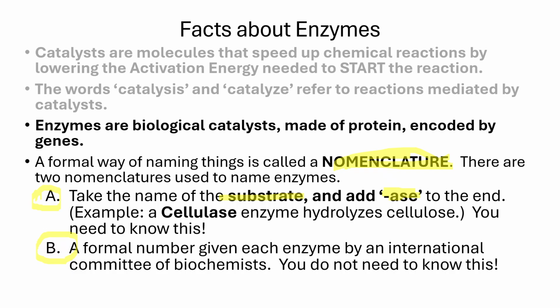We're not going to teach you about that in this course because that's beyond the level of this course. But if you're interested in enzyme nomenclature and enzyme kinetics and the way that enzymes can vary reaction rates, you should take Biochemistry 201, which we teach here at the college as well. But anyway, that is the formal way of doing it, which is to assign every enzyme a number.